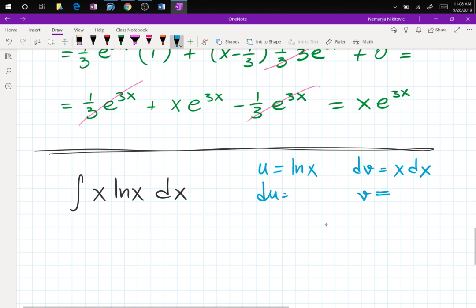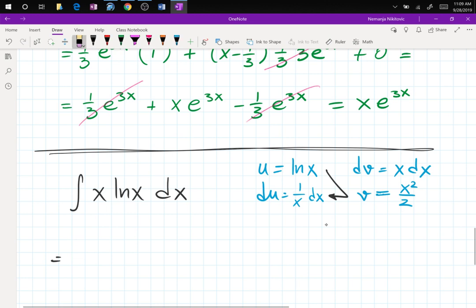All right, so the derivative of ln x is 1 over x dx. And the integral of x over here is x squared over 2. It seems that we made the problem worse, but actually once you plug in, you immediately realize we actually didn't make the problem worse. So we have our, oops, not the integral.